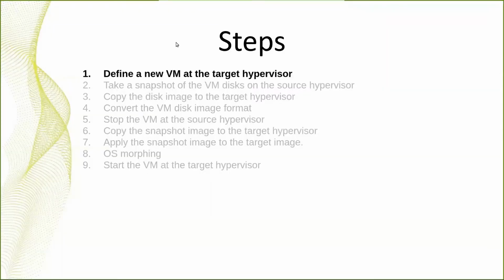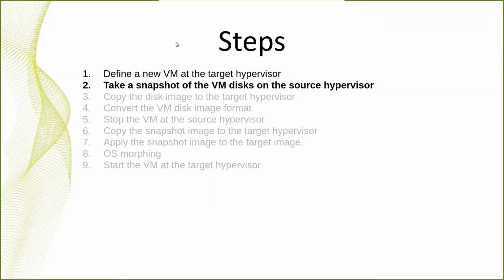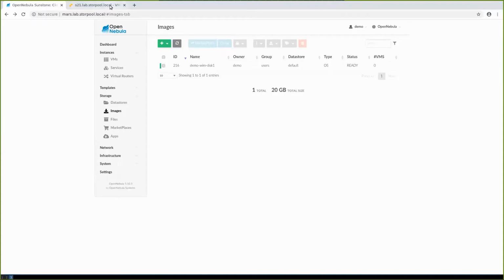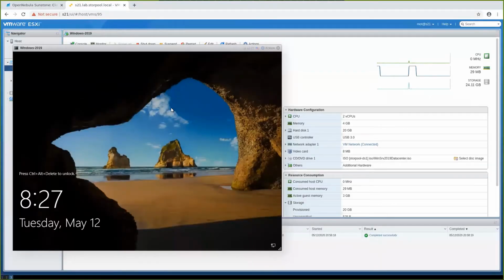And the next step is to take a snapshot of the virtual machine disk on the source hypervisor. So let's get back here. We can do this from the VMware web interface, but in the demo today, we will use only CLI tools from the migration or conversion virtual machine.